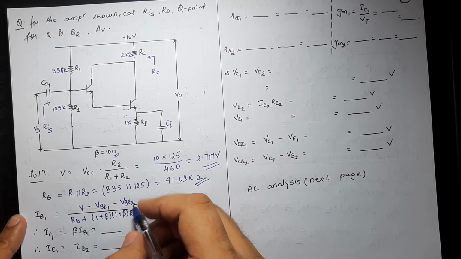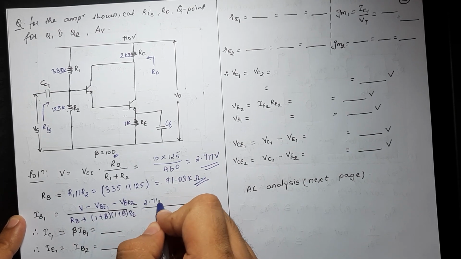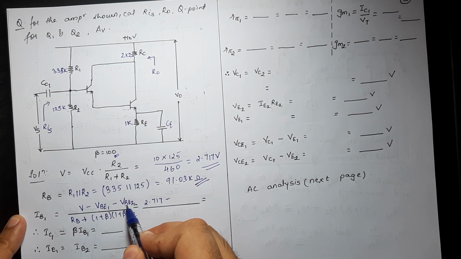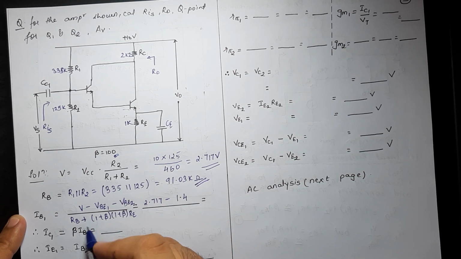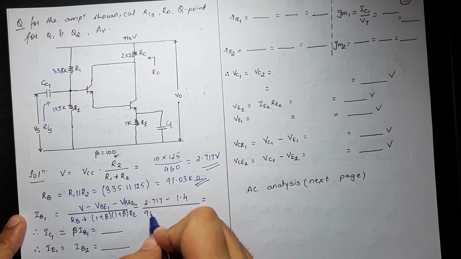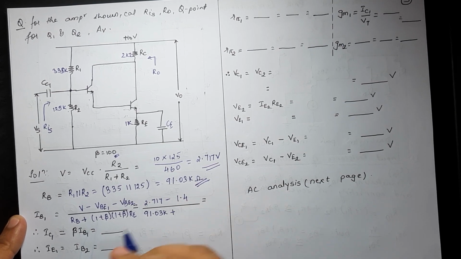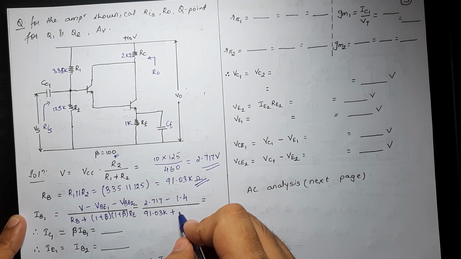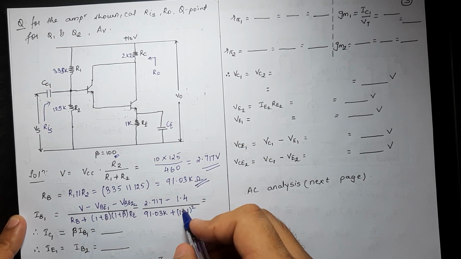If I write the values over here, we have 2.717 minus 0.7 VBE1 and 0.7 VBE2, hence that turns out to be 1.4 upon RB. The value of RB is received as 91.03 K plus beta is 100, 1 plus beta gives me 101 square, 101 square into RE.